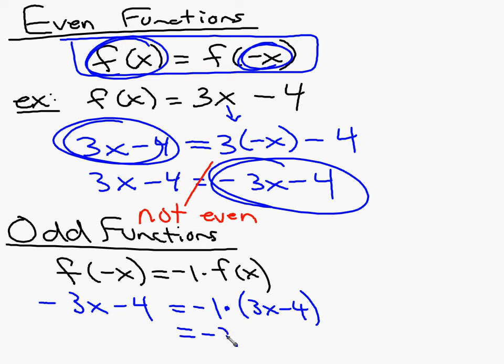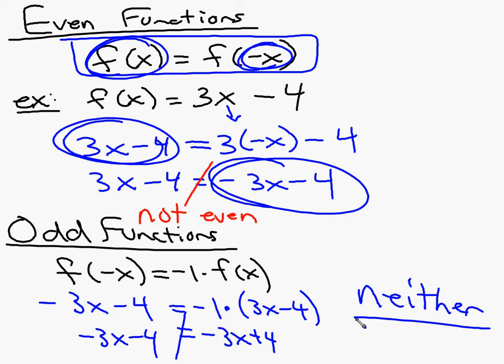It is negative 3x plus 4. They are not the same, so this function is neither. And that is possible, to have a function that is neither even nor odd.